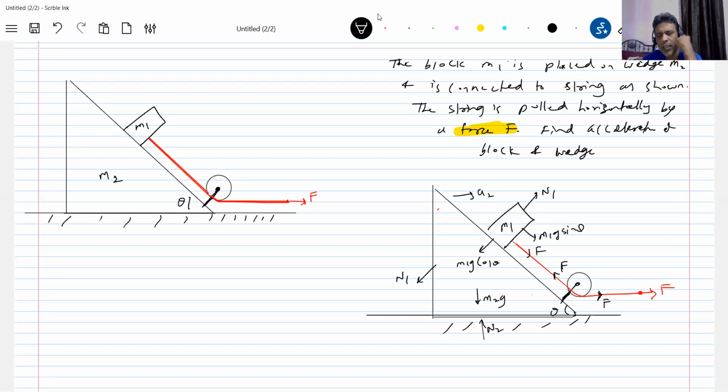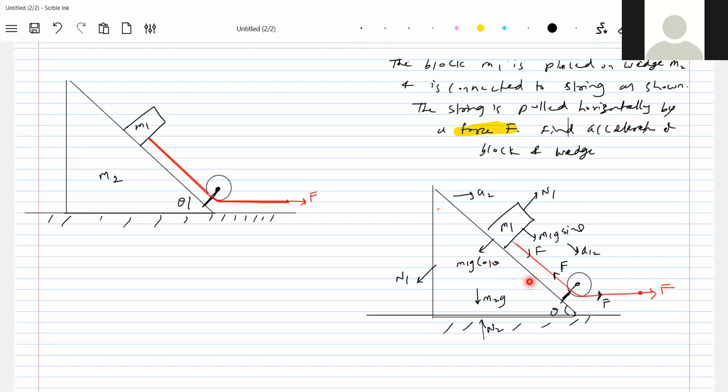Then what about the block? Can you say the motion of the block with respect to the ground? Very difficult, no? Therefore, we'll describe the motion of the block with respect to the wedge. Let it be a relative acceleration. In books they call it AR, directly I'm calling it A12. Fine. So the wedge will move somewhere. Towards the left?